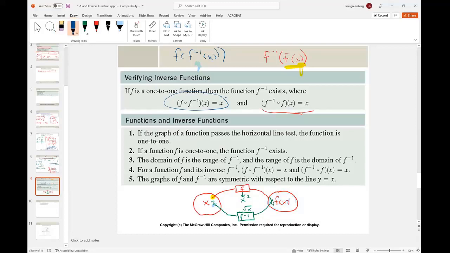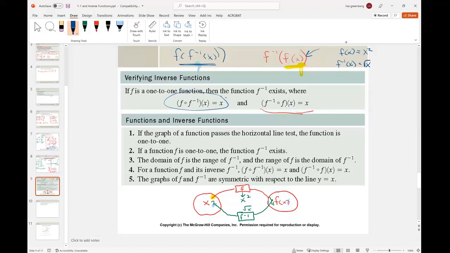Remember when we went through compositions, we said here that f of x equals x squared, and the inverse function equals the square root of x, because those are inverses of each other, right? So you're just plugging it in basically.